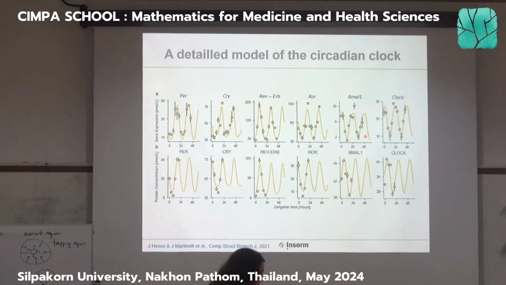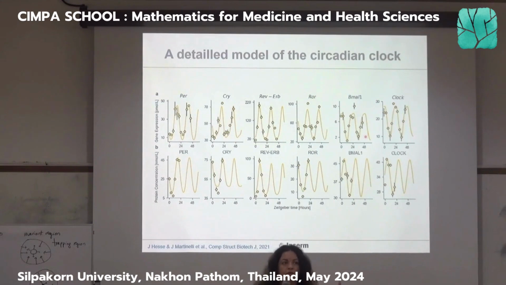And then you can show that, for instance, if you put jet lag in your forcing function, so if you change the period, say you shift your light by 1 hour every day, or by 2 hours every day, you can see how this completely changes your clock. Even more interesting is when you model not just one cell, but plenty of different cells with heterogeneity. Say you want to get jet lag.